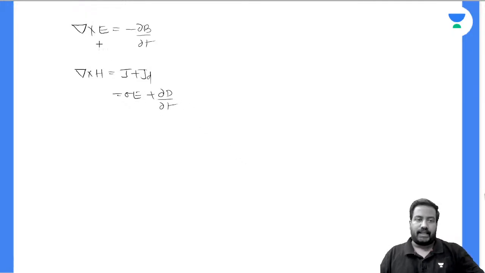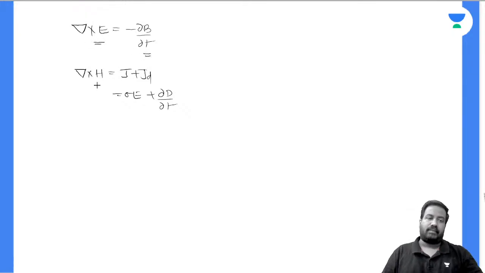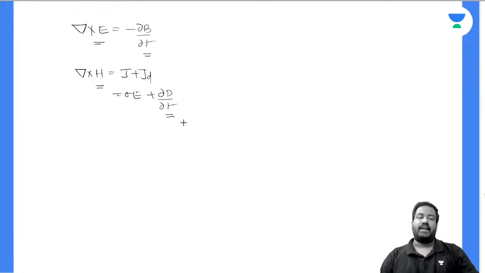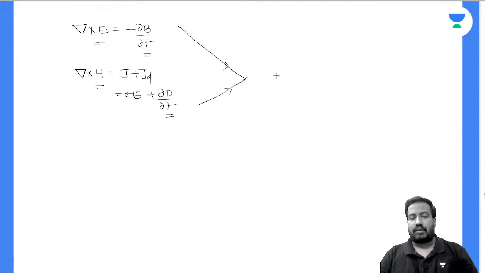Now very clearly the spatial orientation of electric field depends on time varying magnetic field. Spatial orientation of magnetic field depends on time varying electric field, which is a necessary condition for the wave to propagate.